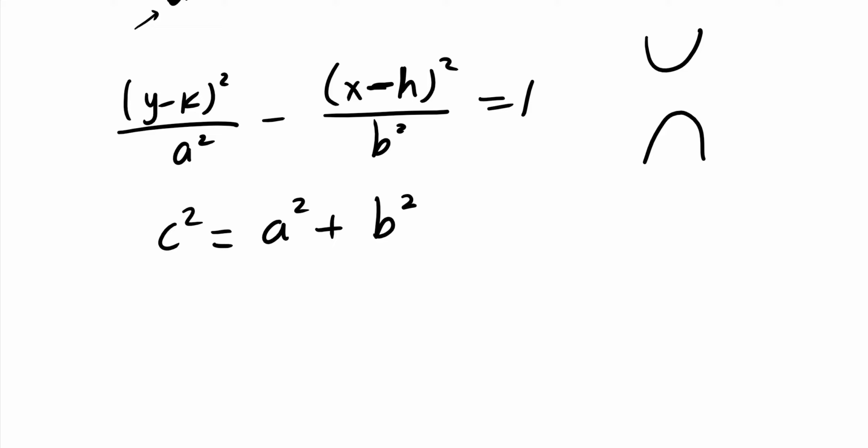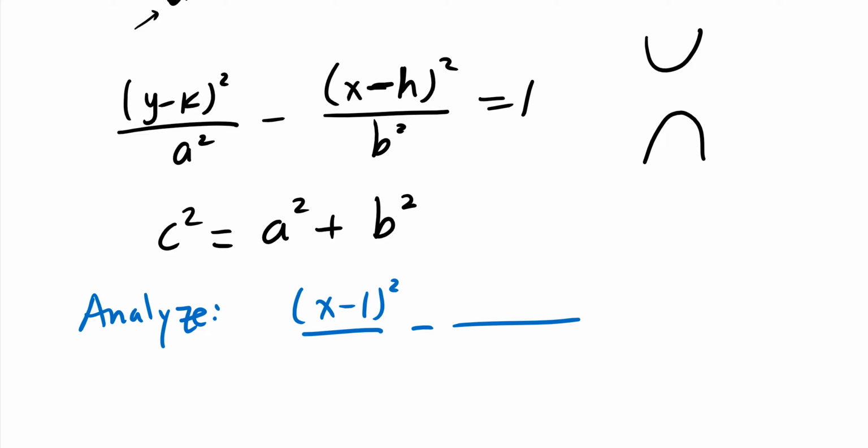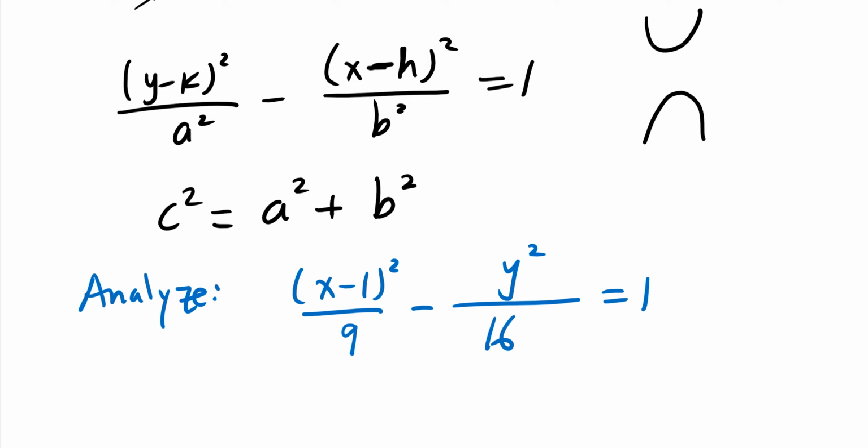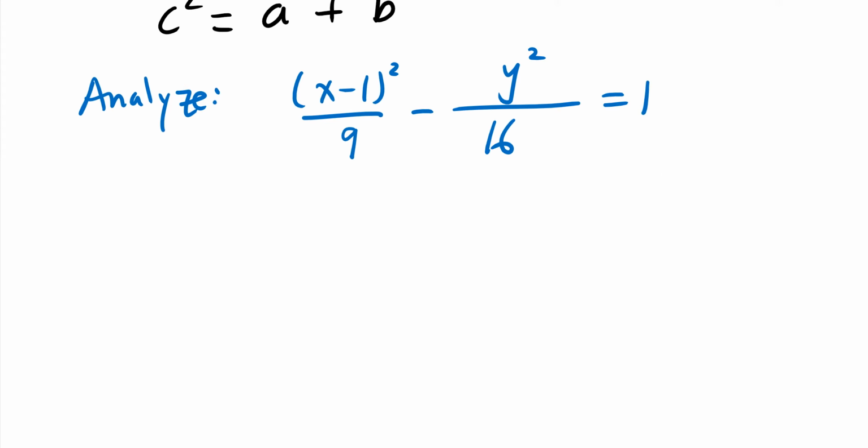Let's start by analyzing a hyperbola equation. Let's say (x minus 1) squared over 9 minus y squared over 16 equals 1. We're going to analyze this and find everything about it. The first thing I always find is the center.